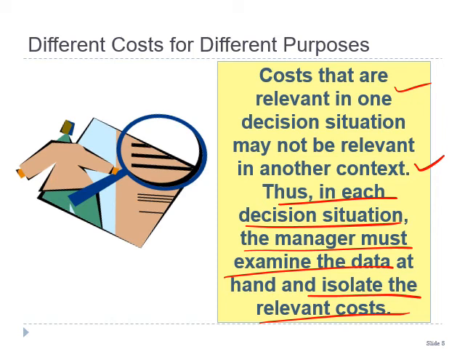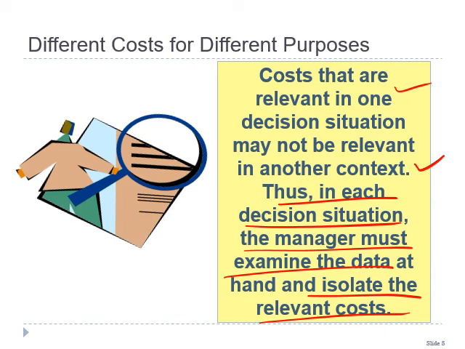The purpose of this slide is that even though some cost for one situation may become relevant, the same cost may become irrelevant for another situation, right? For example, in our car situation, if we drive by car, they become relevant because you have to pay maintenance per mile, there is going to be depreciation per mile, and also the gasoline per mile as well.